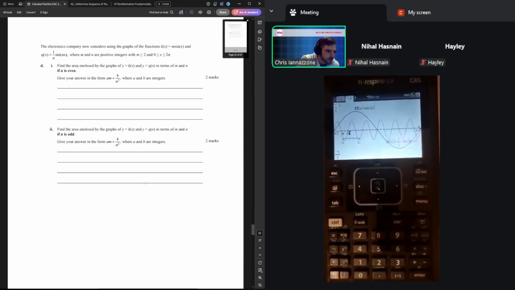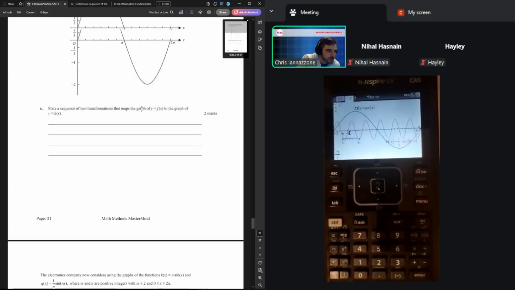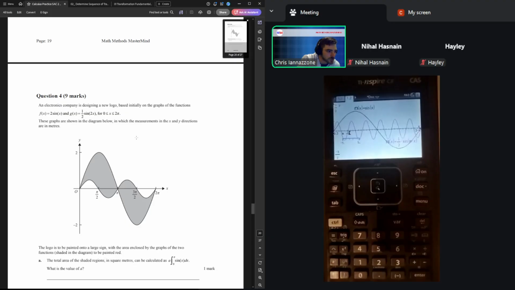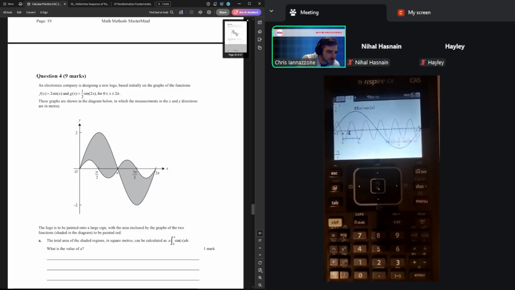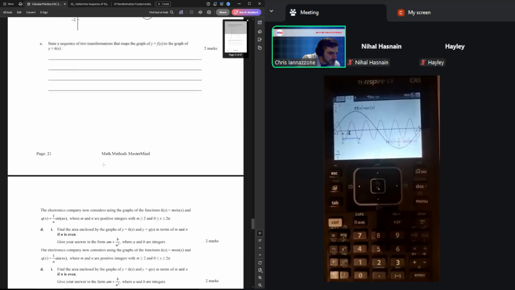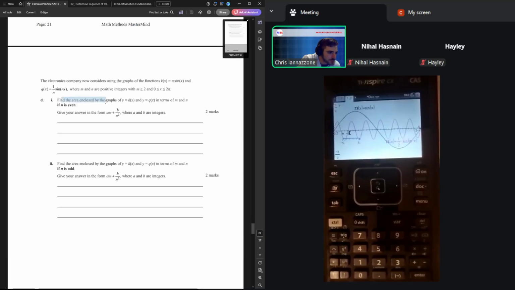So with that in mind, when we create our area enclosed graph for all n is even, we can ignore q of x and go back to basically doing what we were doing before, where we're just using our f of x, or whatever they've called it this time. And all we would be doing there, if we're doing total area, which we are, we're going to not need to have q of x at all.